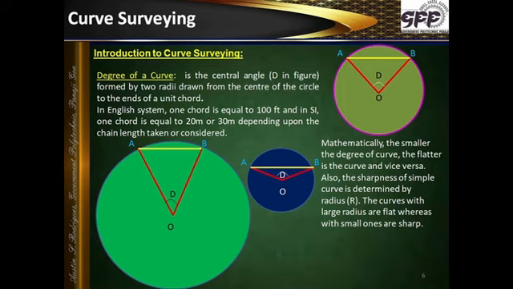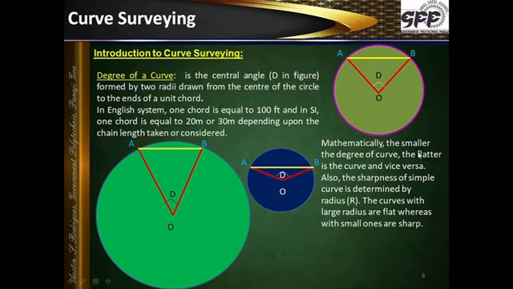So depending upon the chain considered, the chord will be defined. Depending upon that unit chord, maybe 100 feet or a 20 meter or 30 meter chain, the degree of the curve is defined. Now, why is this degree of the curve very important to us?